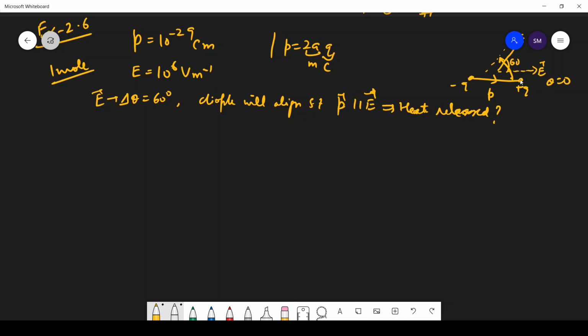Heat release: potential energy was decreasing. So this potential energy was changing into heat and kinetic energy both.